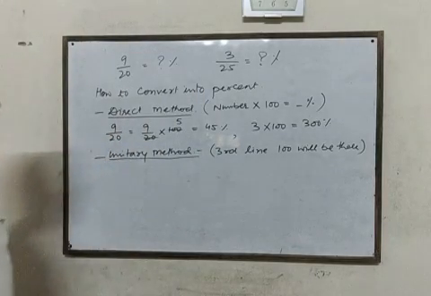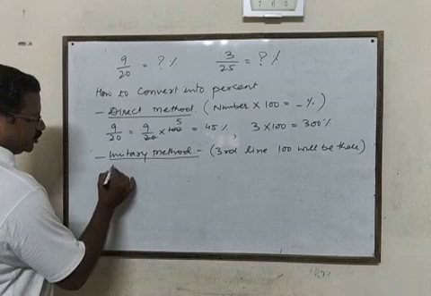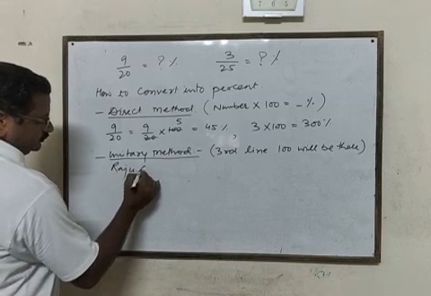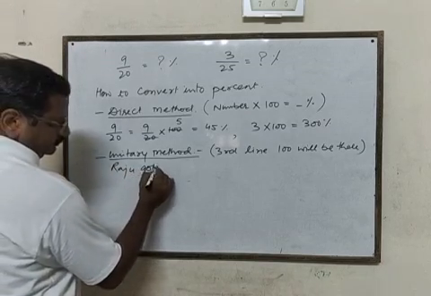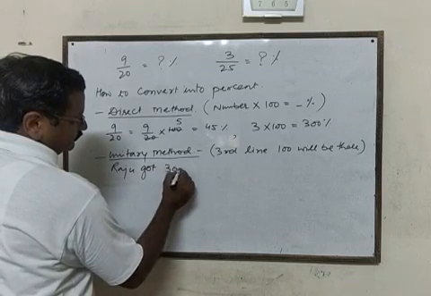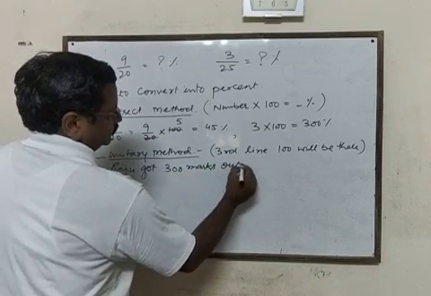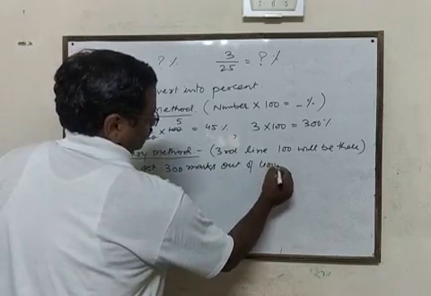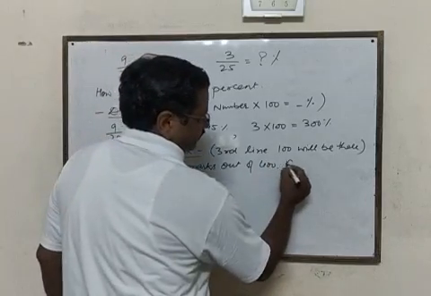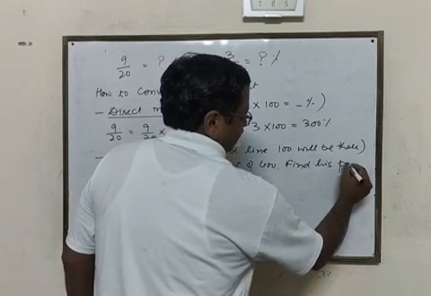We will understand it by an example. Raju got 300 marks out of 400. Find his percentage.